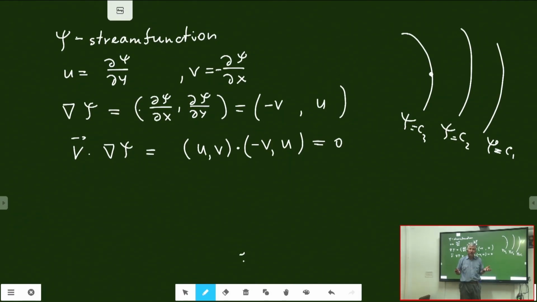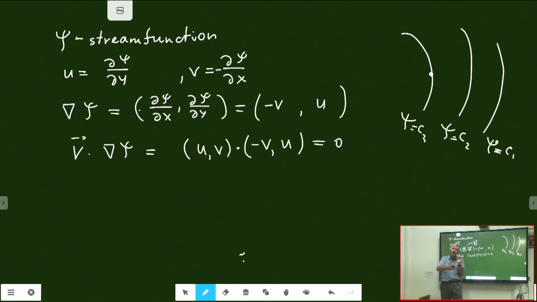The meaning of the gradient, if you forgot that or never studied vector calculus, is that it specifies the direction of the fastest increase of the function.